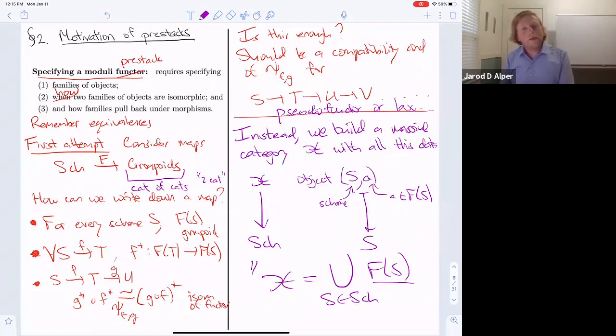In fact, if you define pseudo-functors properly, you can even say there's an equivalence of two categories between prestacks and these gadgets. But making that precise is a lot of work, and I'm not going to try to prove something like that. I'm just going to systematically work with these prestacks. I view it as the same amount of data. It's not really more data. I really think of it as the union of all of the objects.